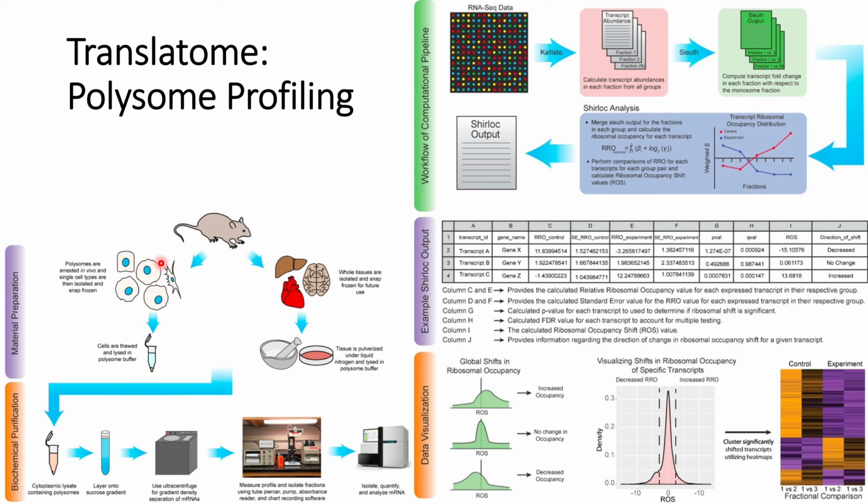One of the strategies is to extract cells from the sample, in this case from the animals, and then lyse the cells, filter out the nuclei or cell debris, and take the cytoplasmic lysate containing polysome into the different layers of sucrose gradient that we have discussed, from 10 to 50% gradient, and then ultracentrifuge it and fractionate them out.